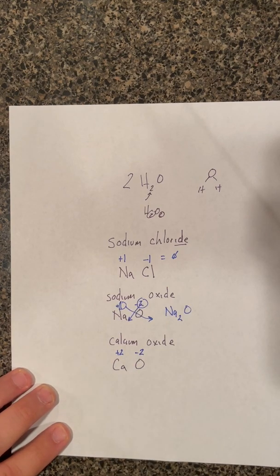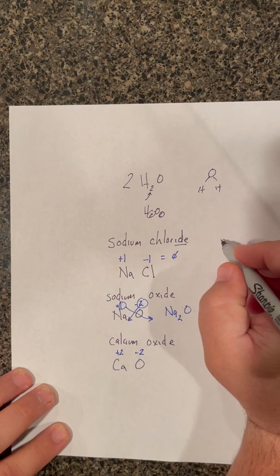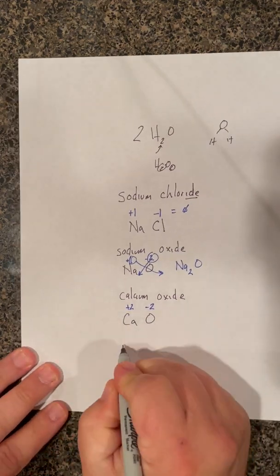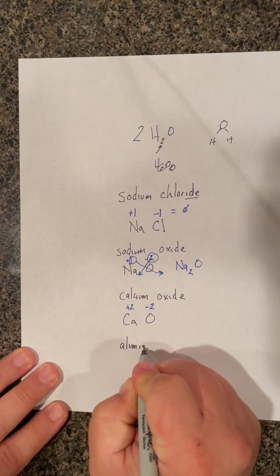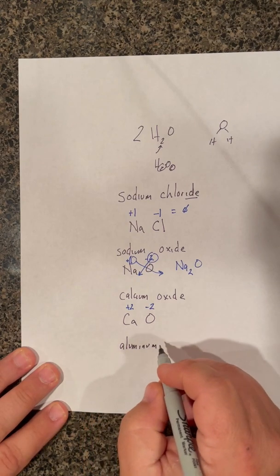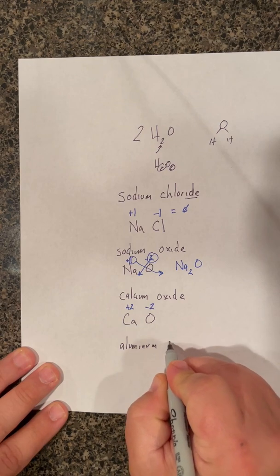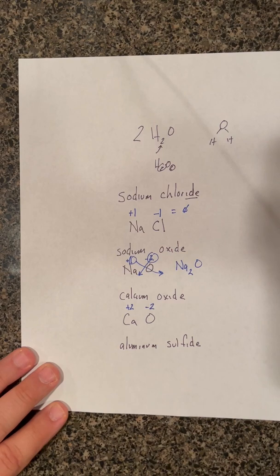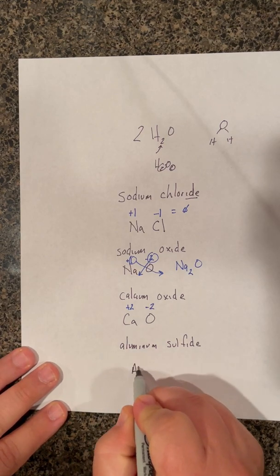What if I asked you to write the formula for, let's say, aluminum sulfide? This is binary because of the IDE, and it's ionic because of the metal and the nonmetal. The aluminum is Al.